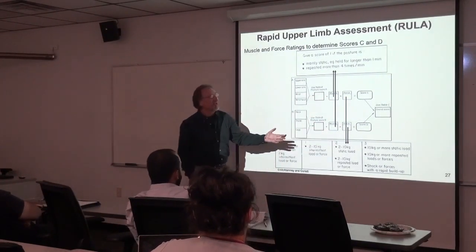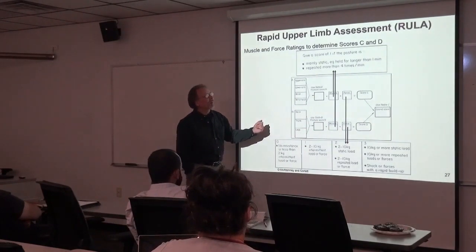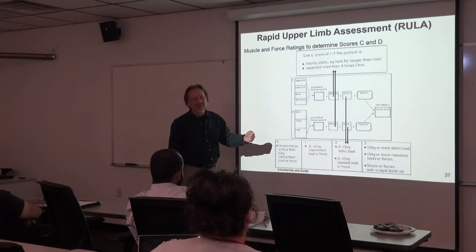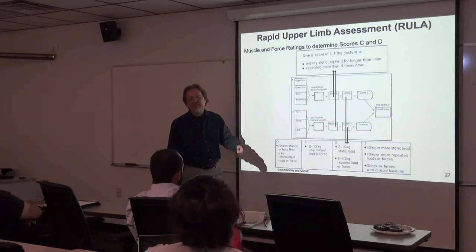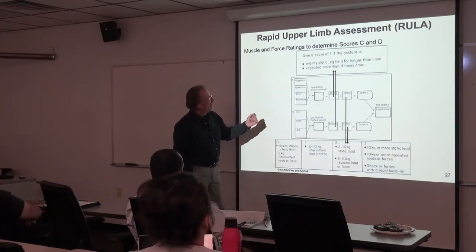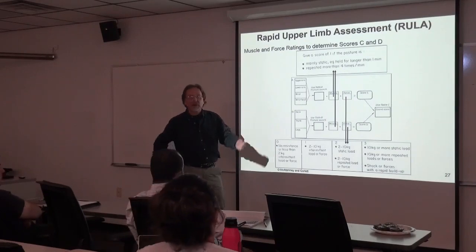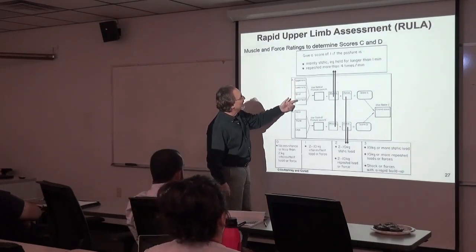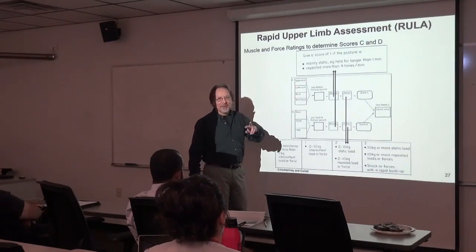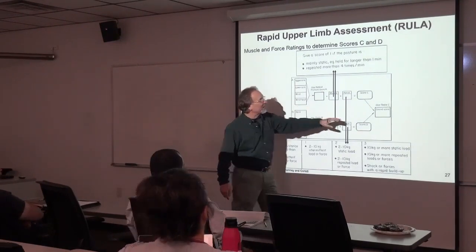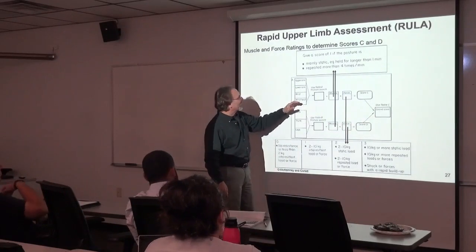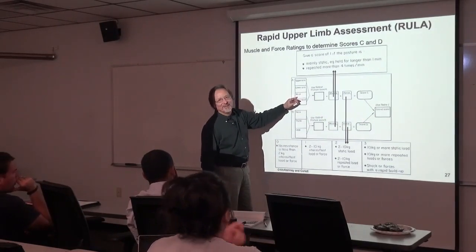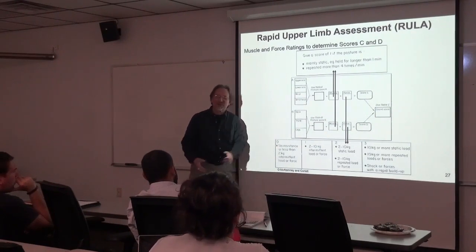So you use the absolute value of the amount of force required. So if you lift a 10-pound box, that's 10 pounds. But if you have different postures on either side, then you'd have to run this part of it in 2 separate ways. You'd end up with a grand score for the right side posture and a grand score for the left side posture, and use the one that's worse.